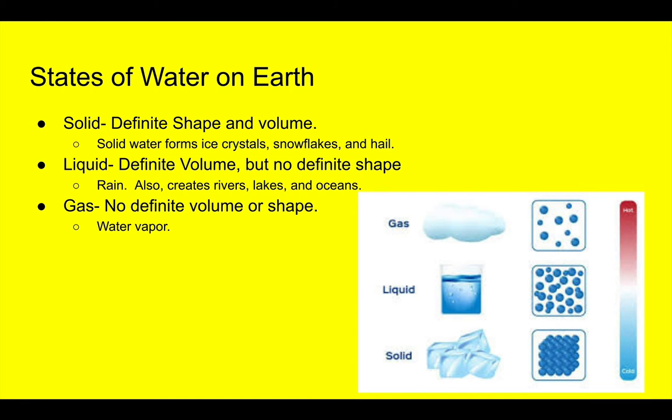But a liquid, on the other hand, is going to take the shape of whatever container it's going in. So if we put it into a beaker and then pour it onto the floor, obviously it's going to spread further apart. It doesn't have a definite shape, but it does have a definite volume. That amount of water on the floor is going to be equal to the amount that was in the beaker at one point in time.